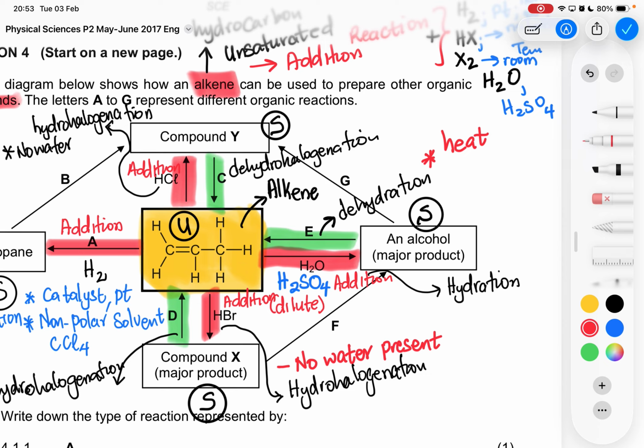And what else? We require heat. Remember, there is water involved. Once water is involved, what else do we need for that reaction to take place?